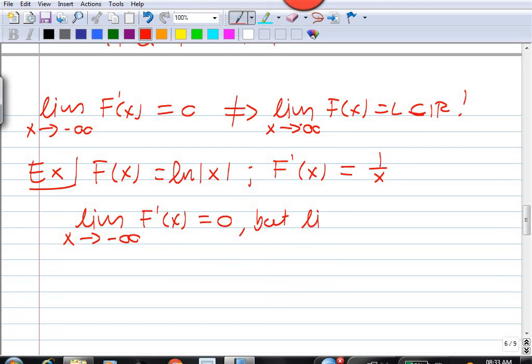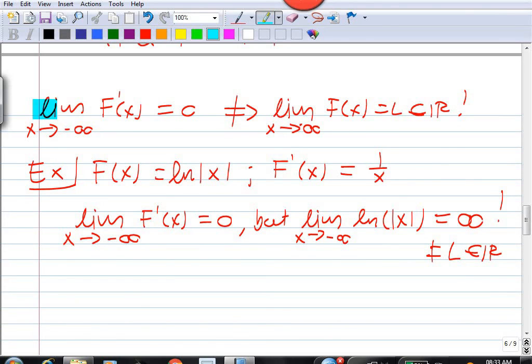But of course we know that the limit as x goes to minus infinity of ln |x| is infinity. Right? This is not any real number L. So we see we cannot conclude from the fact that the limit of the derivative is 0 as x goes to infinity that the limit of the function is a finite real number, so that we have an asymptote. So that means we need to do a bit more work.